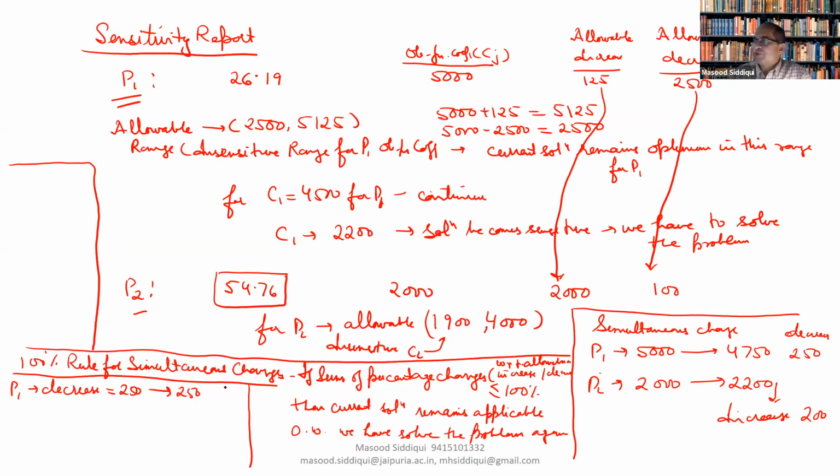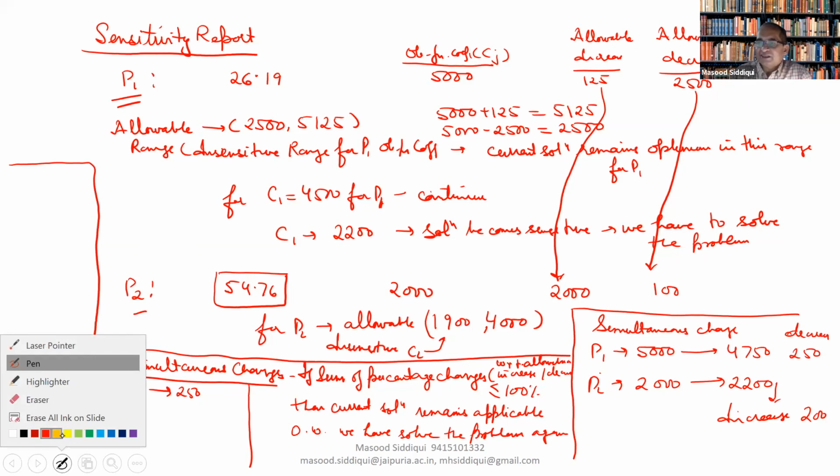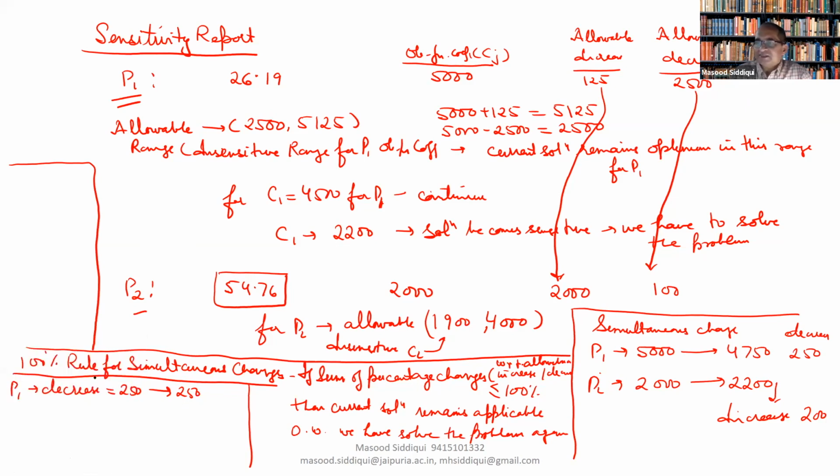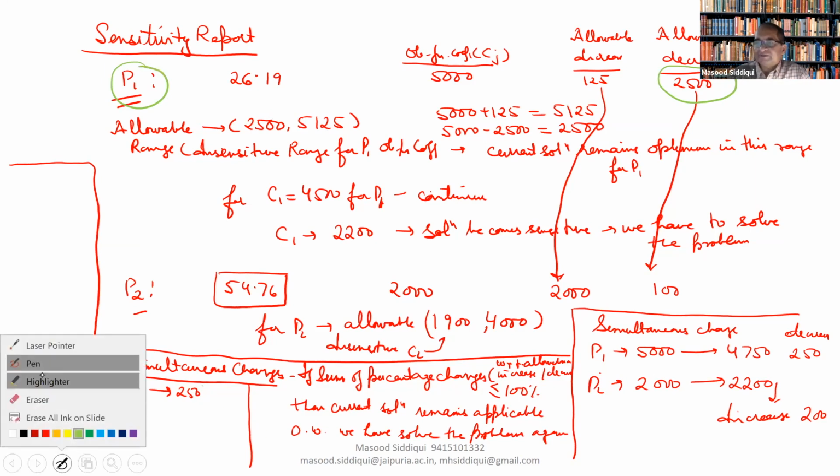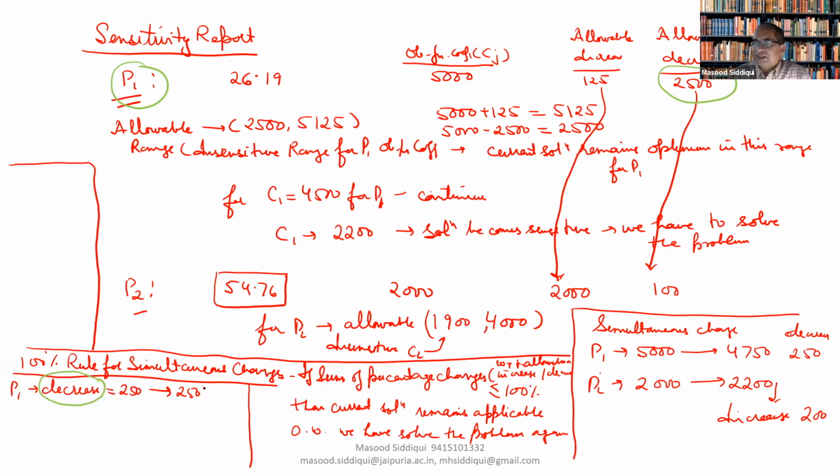The change is 250 and the allowable decrease for product 1 is 2,500. So we have 250 divided by 2,500, and we calculate the percentage change. Obviously the percentage change comes out to be 10%. So this is for P1.